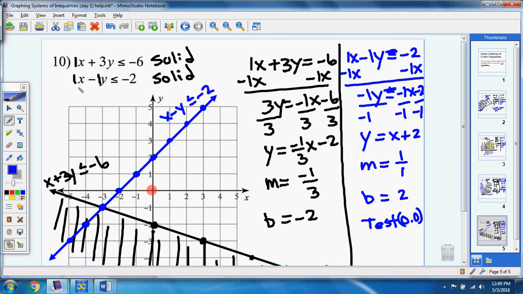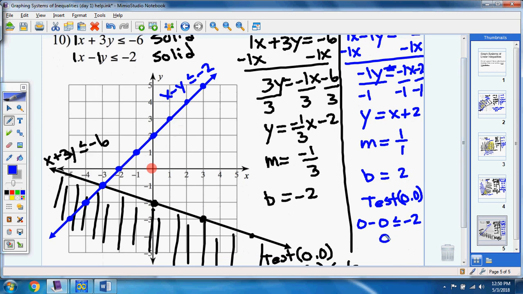On the original problem again, it is x subtract y is less than or equal to negative 2. So 0 is less than or equal to negative 2, and that is false again. So for my blue line, I don't like that pair of shoes, so again, I'm going to shade on the other side. Side without the highlighter, without the origin.